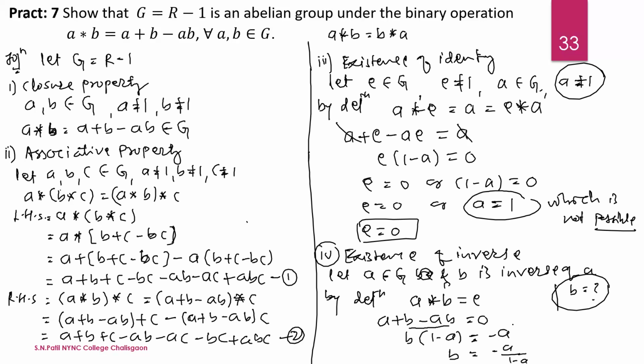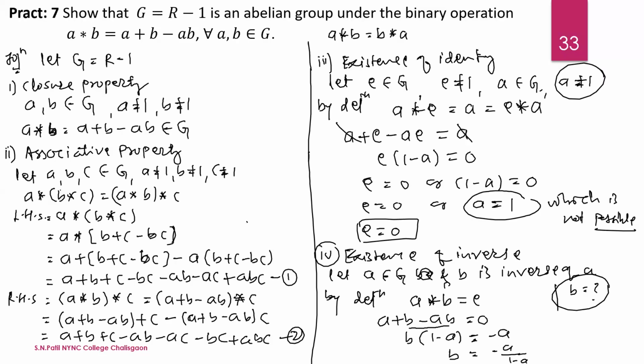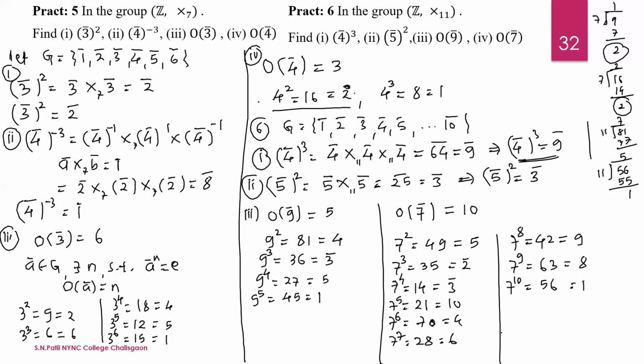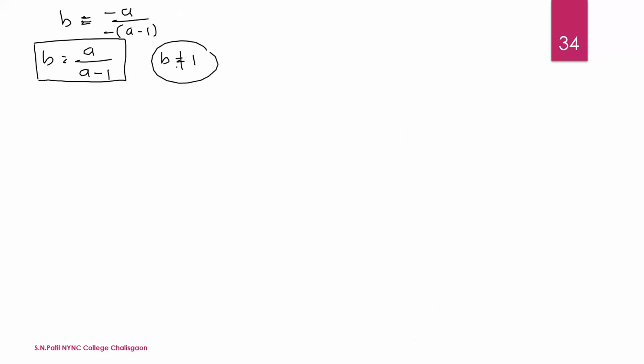Taking the minus sign common in the denominator, b is equal to a upon (a minus 1). This is the inverse, and it should also not be 1.